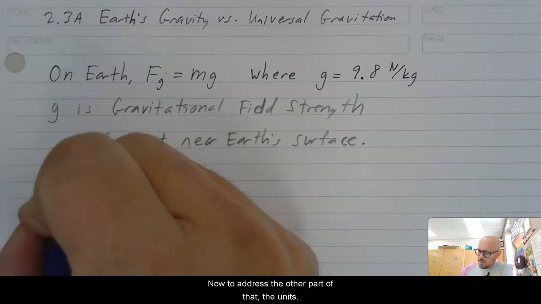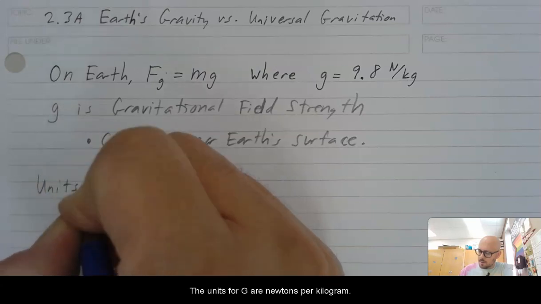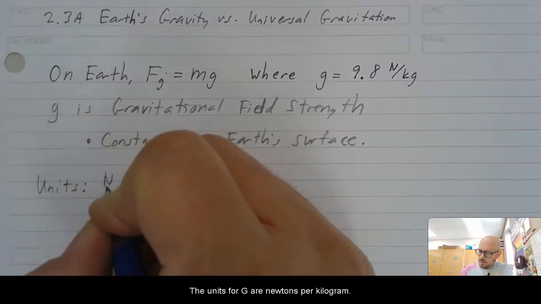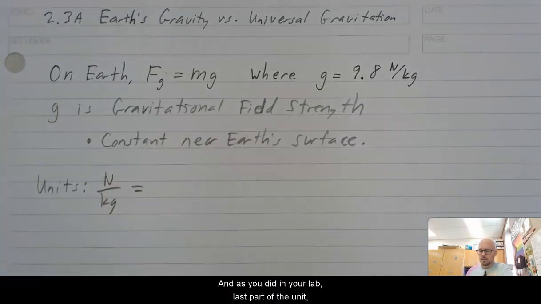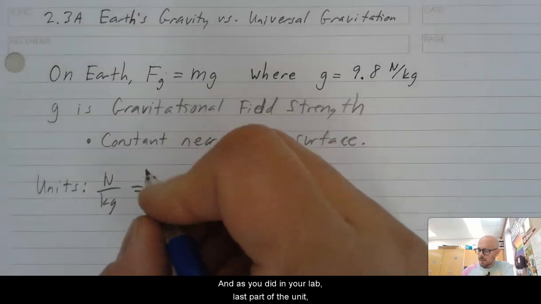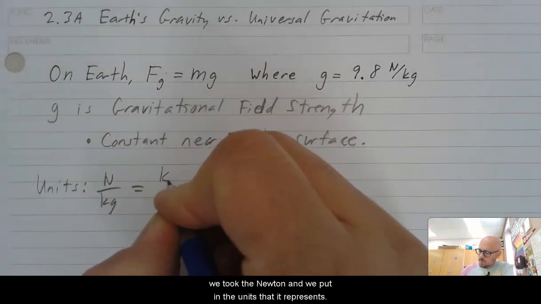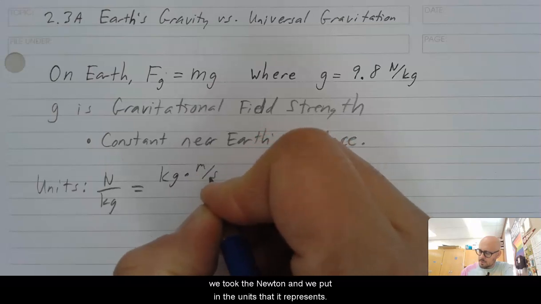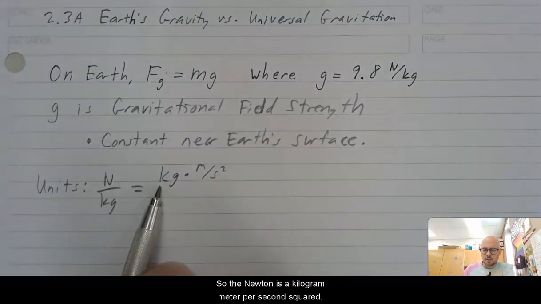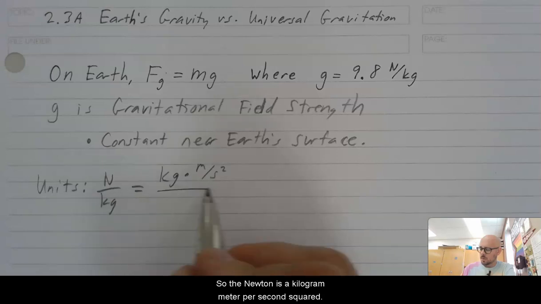Now, to address the other part of that, the units for g are newtons per kilogram. And as you did in your lab last part of the unit, we took the newton and we put in the units that it represents. So the newton is a kilogram meter per second squared.